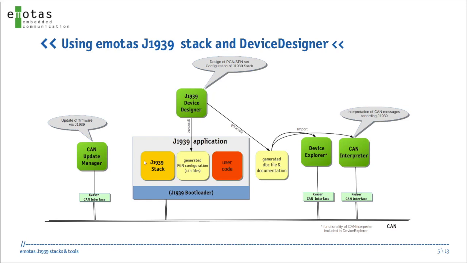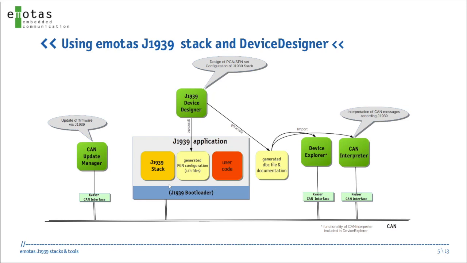And along with our J1939 stack, there is a tool called J1939 Device Designer. In this tool, you specify which PGNs and SPNs you want to send, and you configure the stack. This tool generates some source code files, and all these have to be compiled and linked together to build your application.